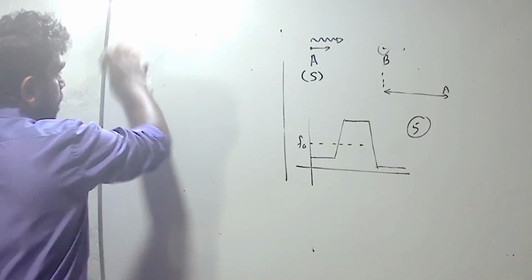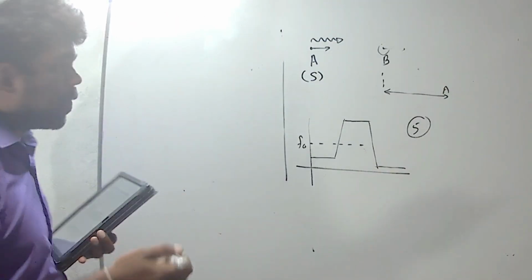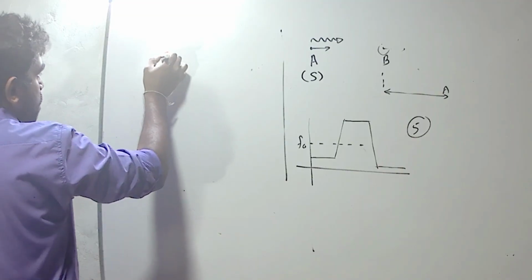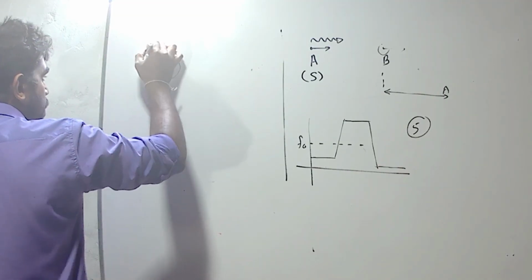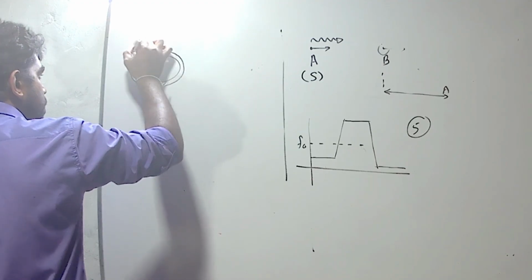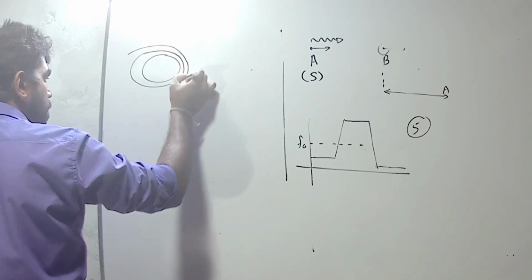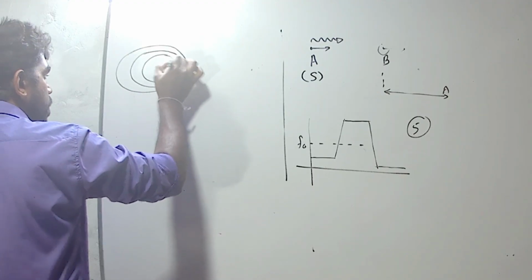First one is source is moving, but speed of source is less than velocity of wave in medium. It should be like this. Source is moving in this direction.